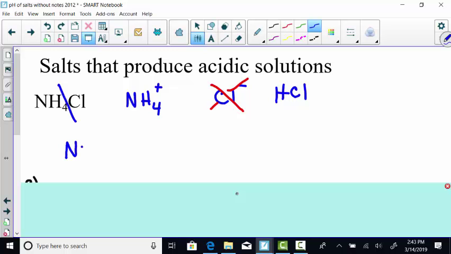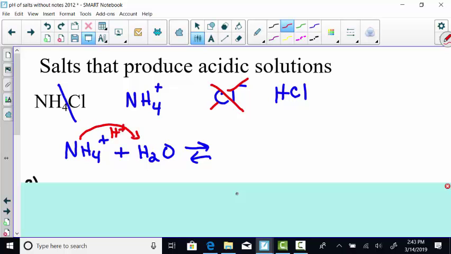But ammonium is not a conjugate of a strong acid, nor is it a conjugate of a strong base. So what happens with this ammonium is when you put it into water, it actually has the ability to give up a hydrogen to the water, and now you're going to get NH3 plus H3O plus, acid.